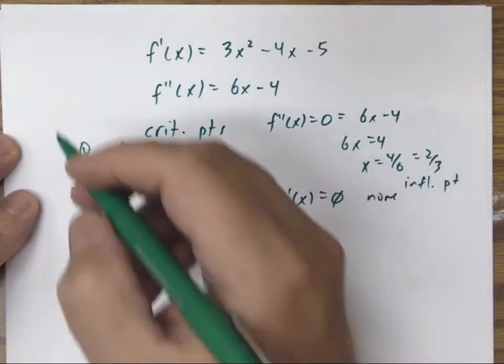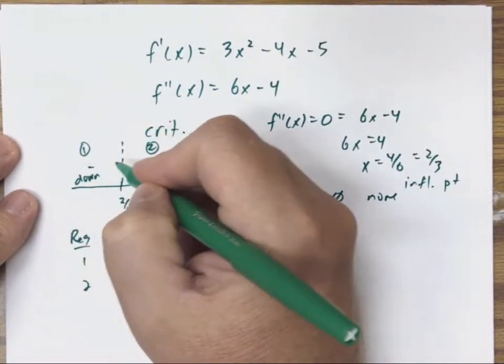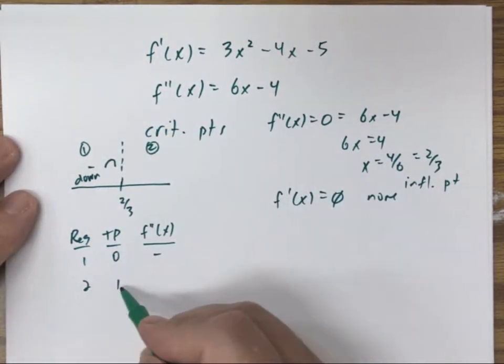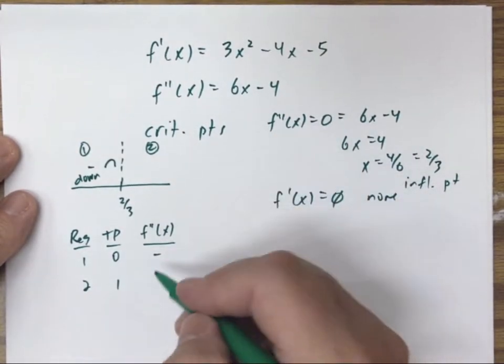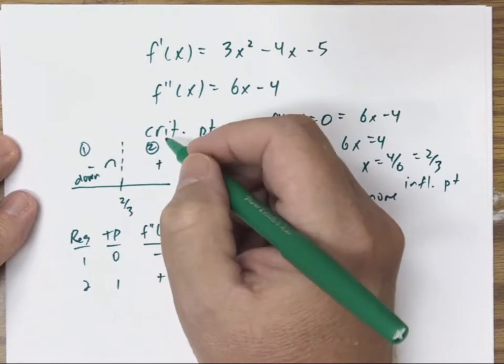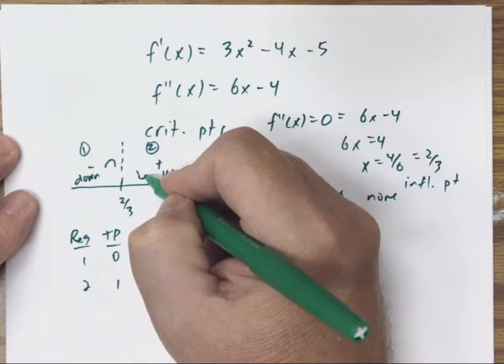Region 1 is a negative region, which means it's going to be concave down. Region 2, when I plug in 1 for x into my second derivative, it ends up being a positive number. Region 2 is positive, which means it's concave up.